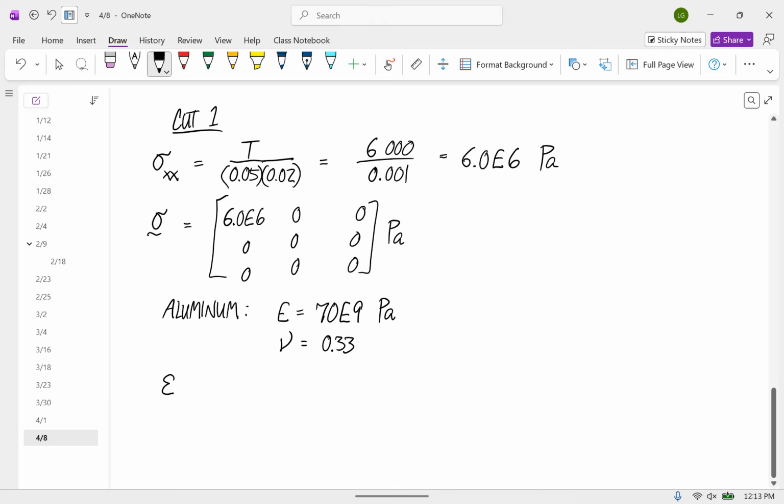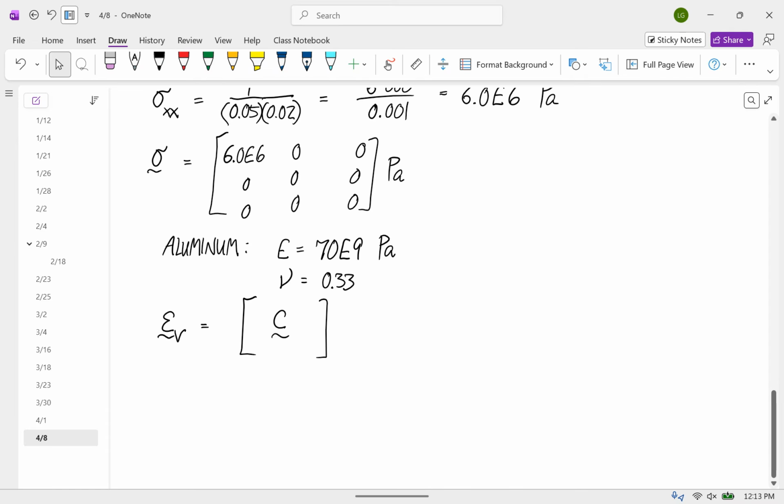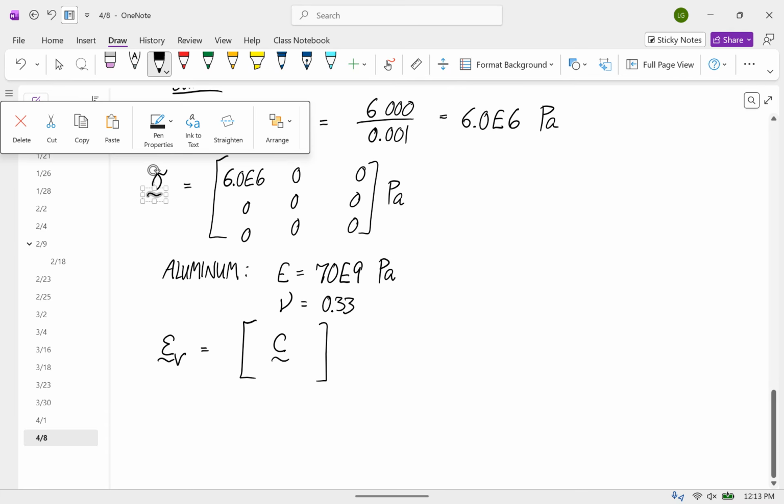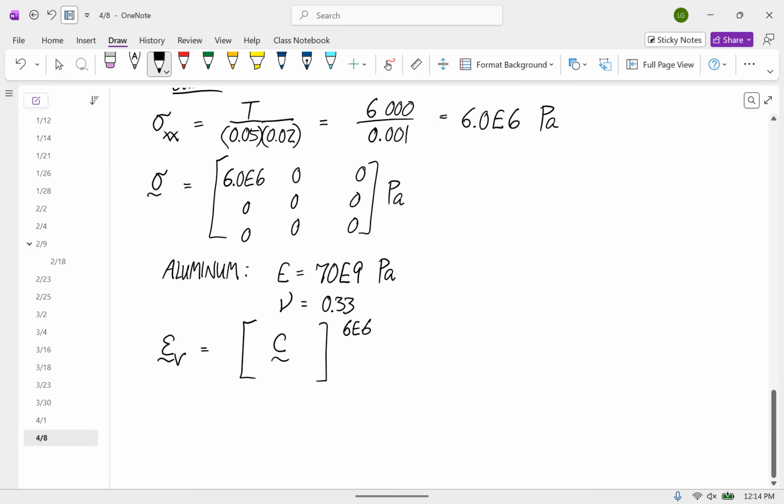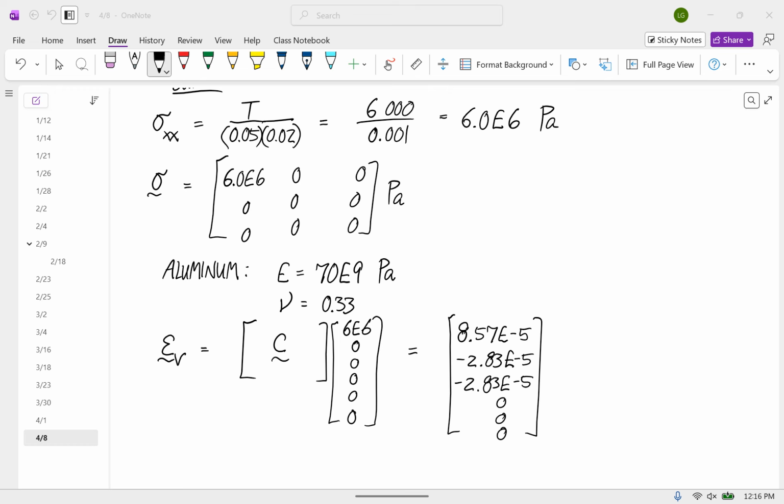And then the Voigt strain is the compliance matrix with these values times the Voigt stress, which is 6 times 10 to the 6, and zeros all the rest of the way. We only had stress in that one direction.